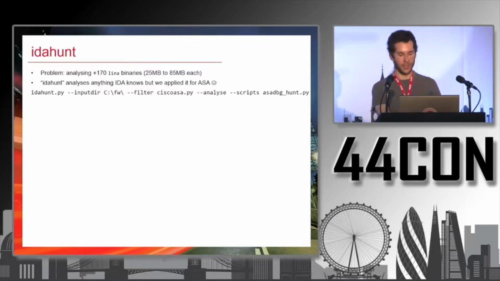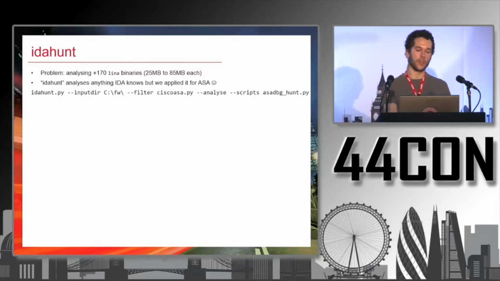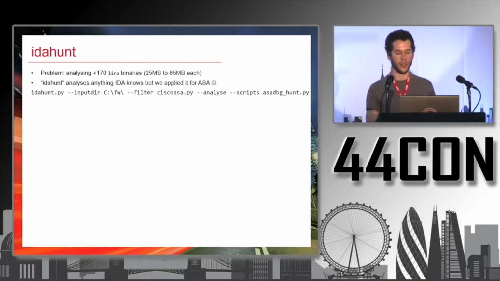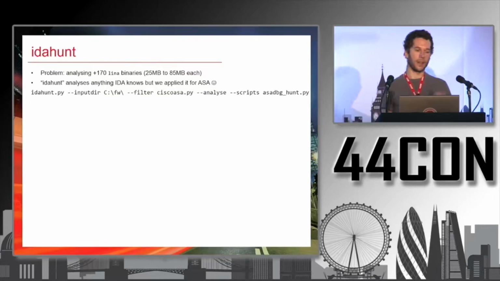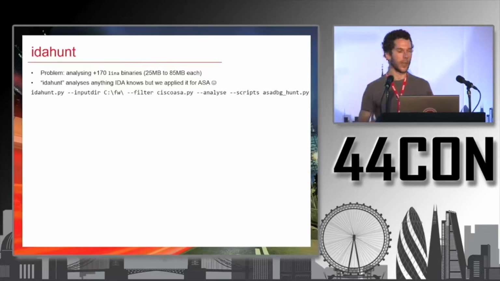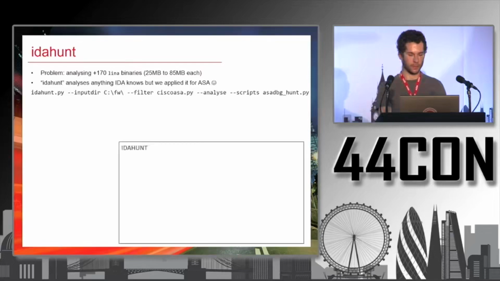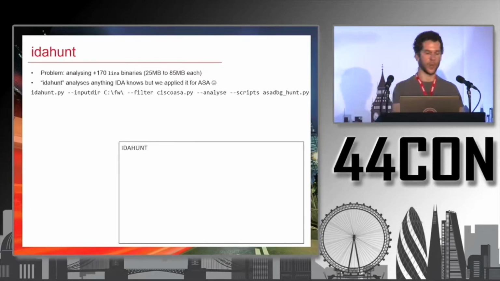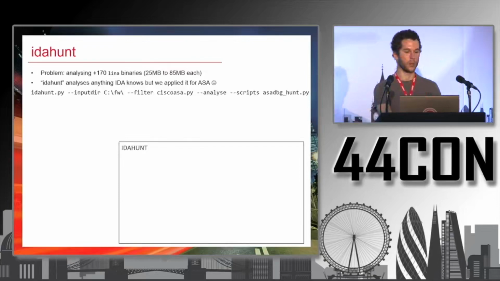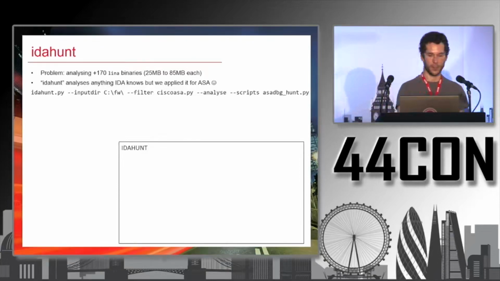And then you can use a script argument, which allows you to pass IDA Python scripts to IDA, so they're going to be run in IDA. In our case, we were interested in hunting for symbols, like the watchdog symbol, so we can use that to retrieve the watchdog for 200 firmware.